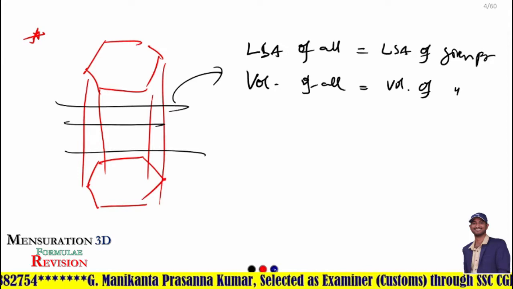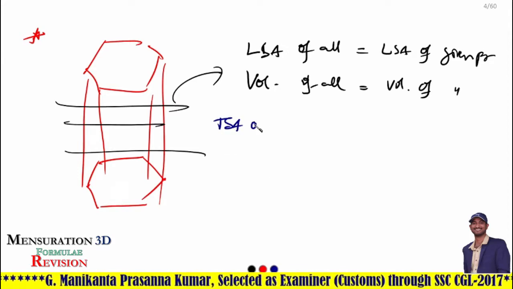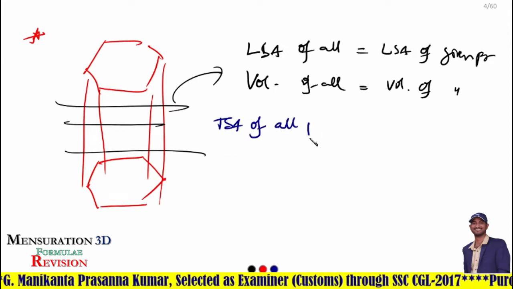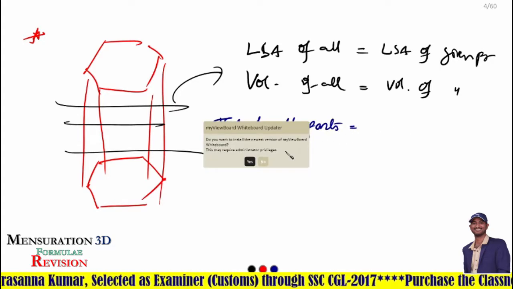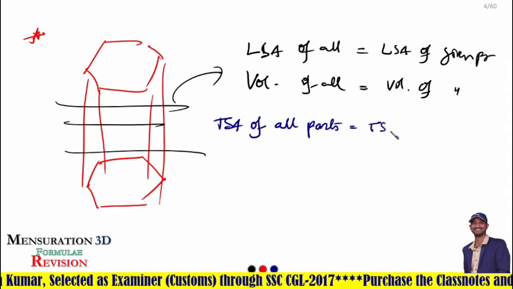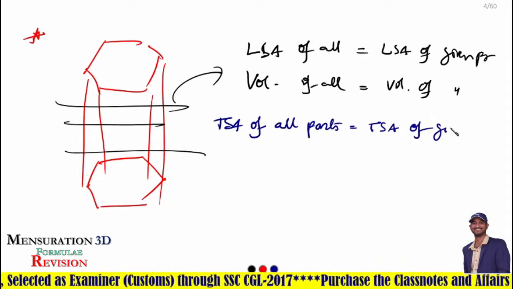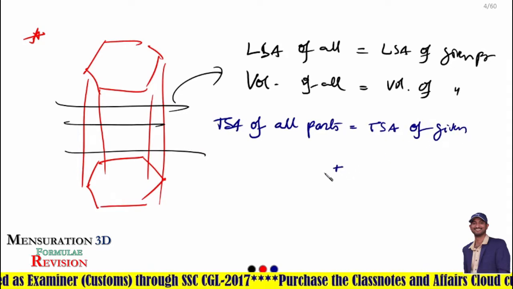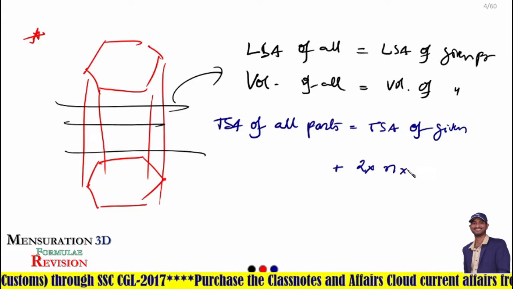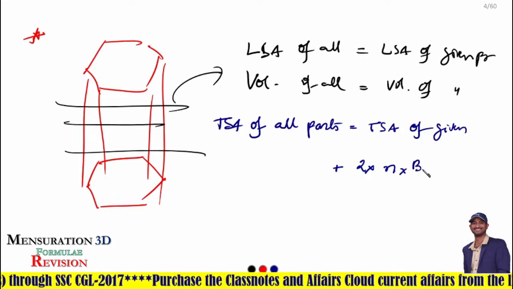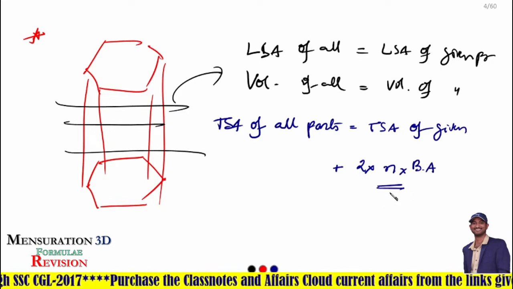But the total surface area of all the parts is equal to the total surface area of the given prism plus 2 into n into base area.